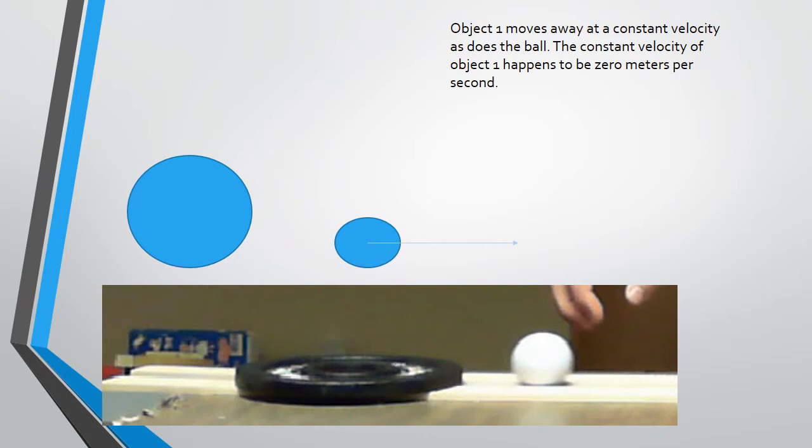Object 1 moves away at a constant velocity, just like the other two examples, except its velocity is 0. Object 2 moves away at a large velocity in the opposite direction as its initial velocity.